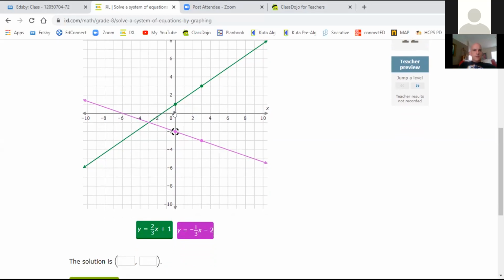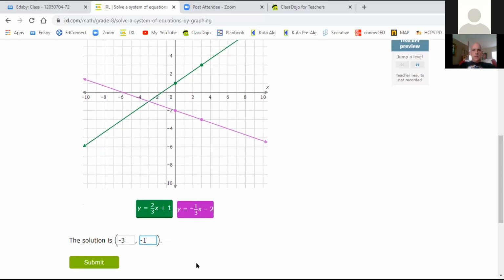So from 0, 0 it's over 1, 2, 3. That's -3 there for X. And then down 1, that's -1 for Y. So -3 for X and -1 for Y. All right. Any questions on that process at all?